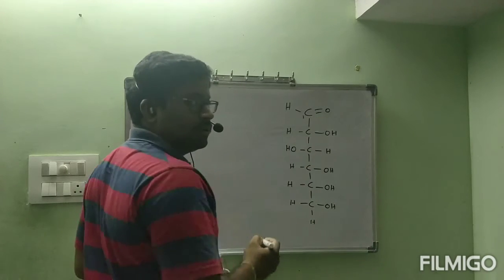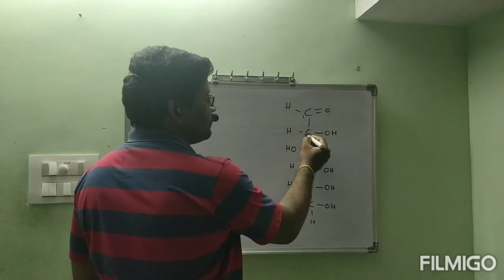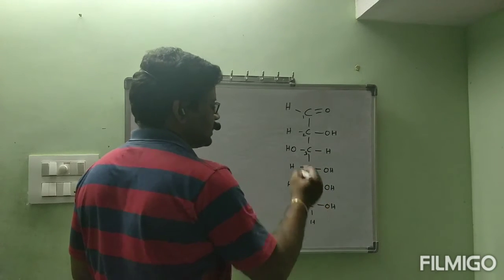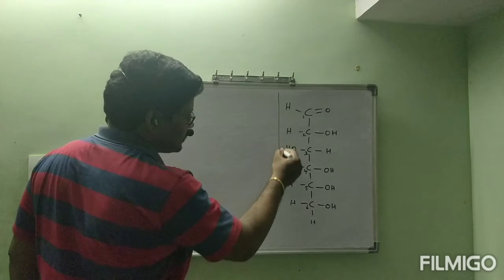Carbon atoms are numbered as 1, 2, 3, 4, 5, 6. Like this, we derived the structure.